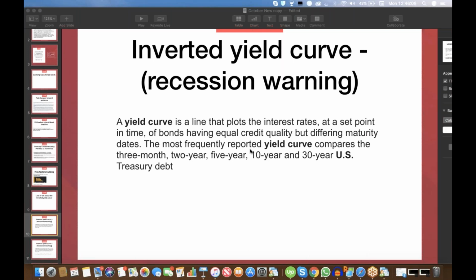Traders and investors buy government bonds, they give the loan to the government, and the incentive for the investor is you will get an interest rate or a yield on that bond. So for example, if the US government issues a 10-year bond, they'll say, well, we give you 2.3% yield for that bond's length of time.